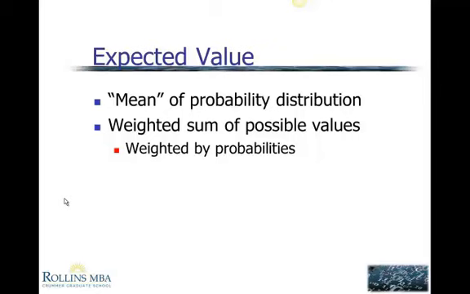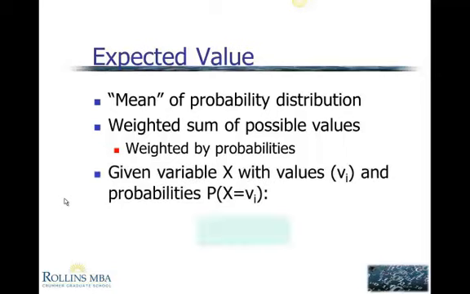So we take each value, we're going to weight it by multiplying it by the probability, and then sum those products together. And in mathematical formula, it looks like this. Again, each value, v sub i, multiplied by the probability of getting that value v. And then we sum those products across all the possible values of i.